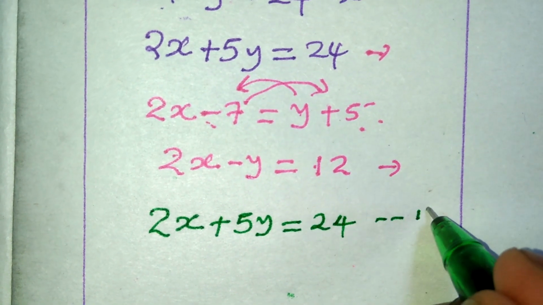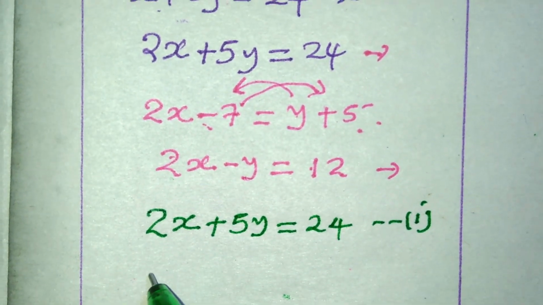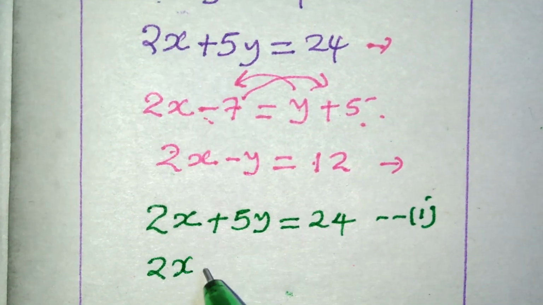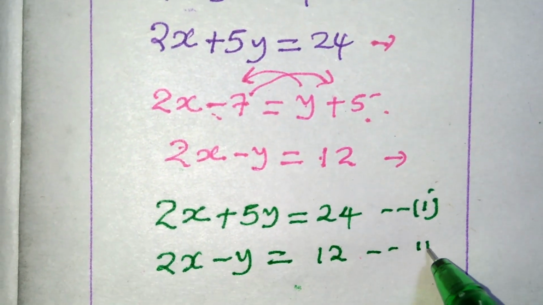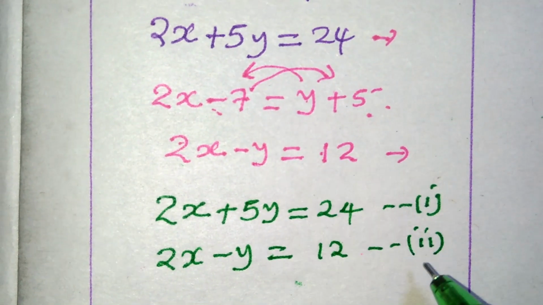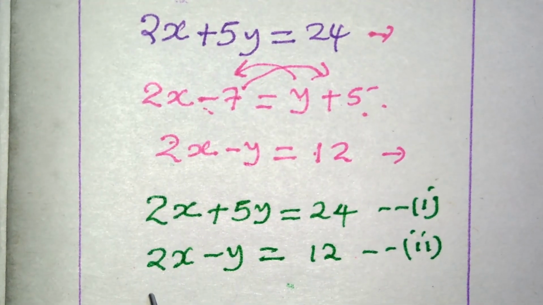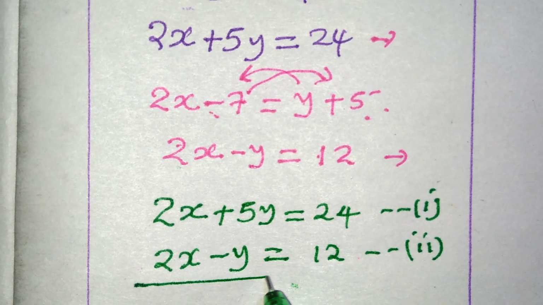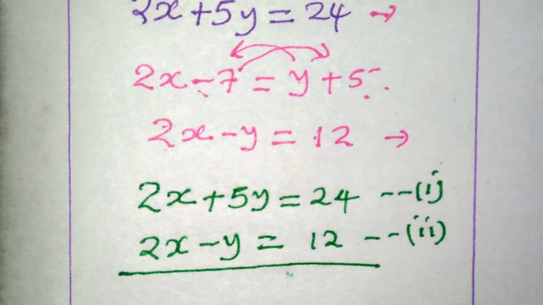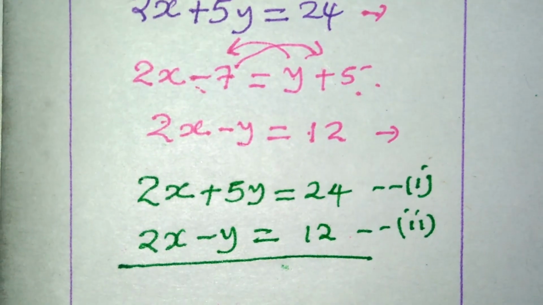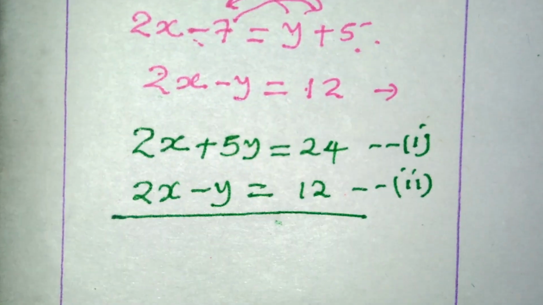Let's call this equation 1. And then we have 2x minus y is equal to 12. Let's call this equation 2. Now, when you look at these equations, we can solve this by elimination method. These are two simultaneous equations which we can solve by elimination method.